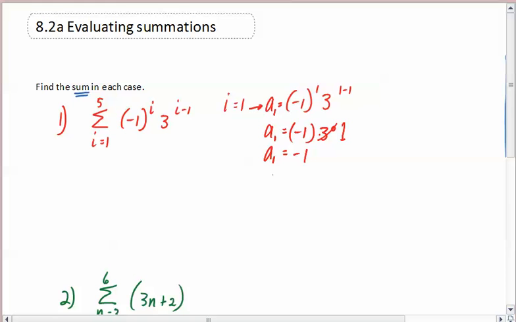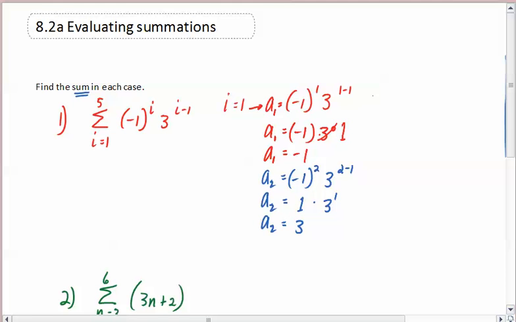Okay, let's take a look at the next one, a sub 2. We take negative 1 and raise it now to the second power, multiply by 3 to the 2 minus 1 power. So a sub 2, this time it's going to change to a positive 1, and then we're going to have 3 to the first power, and so a sub 2 is 3.